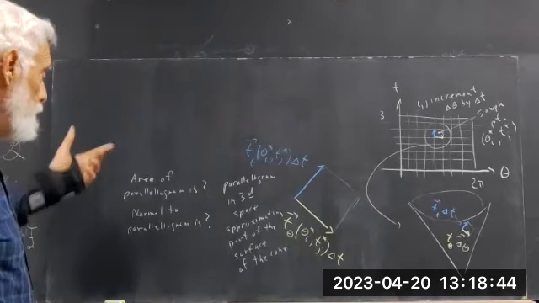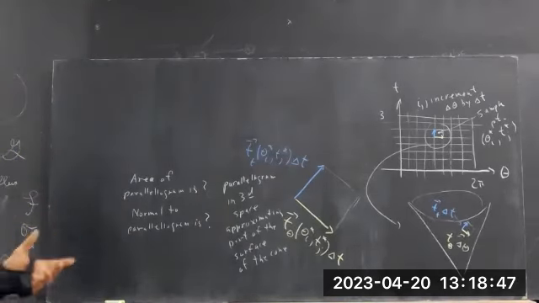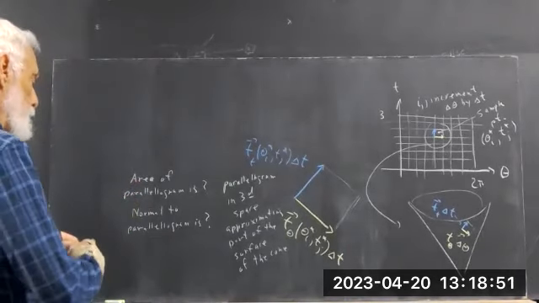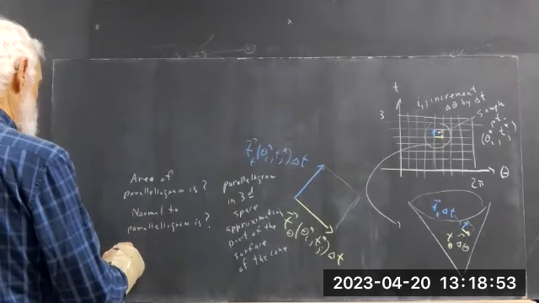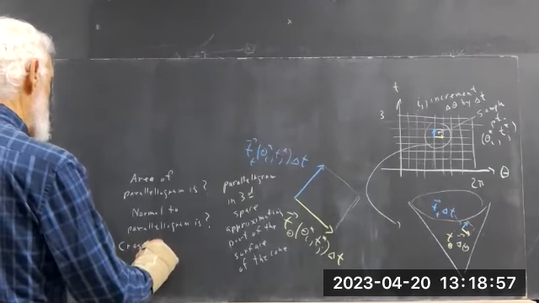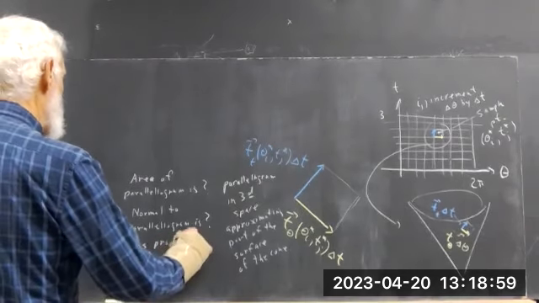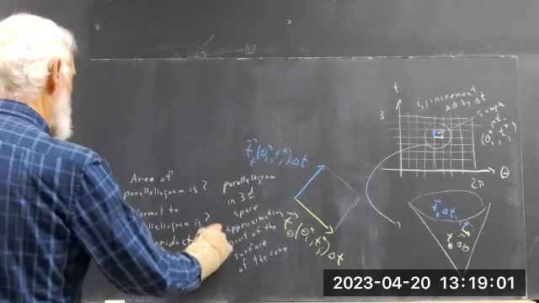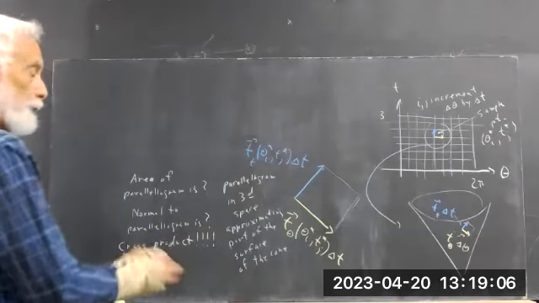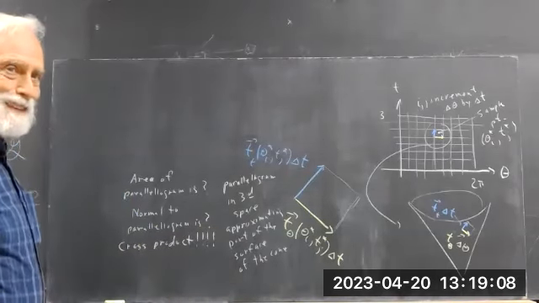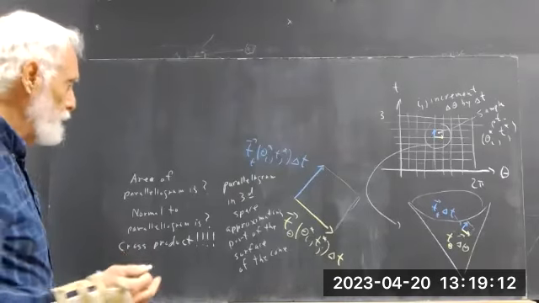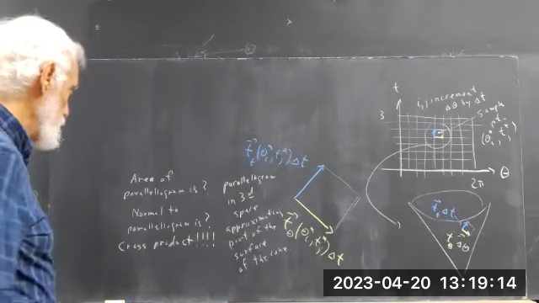Okay, so the area of the parallelogram and the normal of the parallelogram are both given by the cross product. Those are just exclamation points to emphasize the importance of knowing and understanding this.